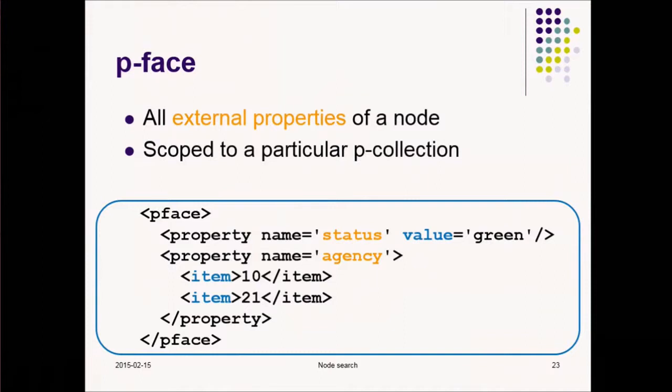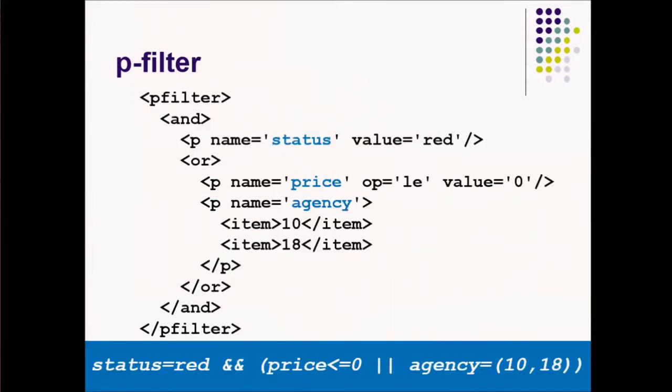A p-face is just the set of external properties which a given node has in the context of a given p-collection. So here you see a simple XML representation of a p-face consisting of two properties, one single-valued and the other multiple-valued. A p-filter is a condition applied to a p-face. It consists of one or more p-tests combined by the Boolean operators and, or, not.